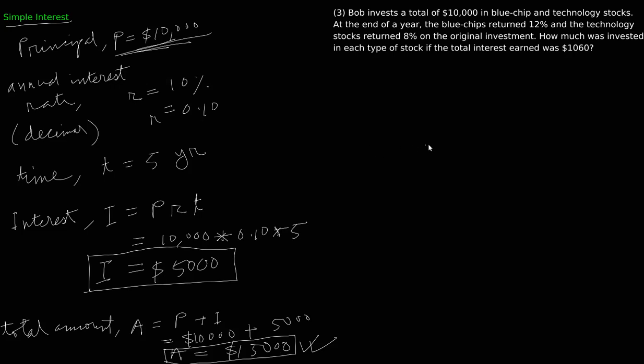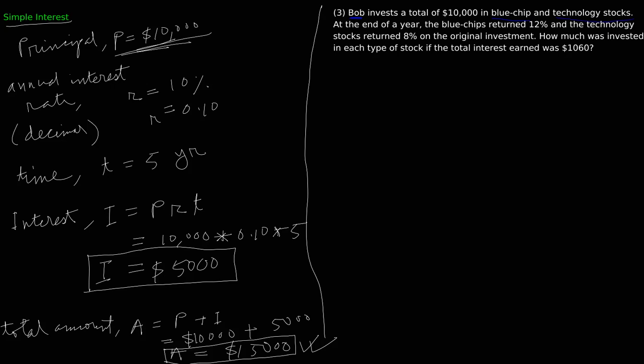Now we are going to solve another application problem related to interest. Here we have a person, Bob, who invests a total of $10,000 in blue chip and in technology stocks.